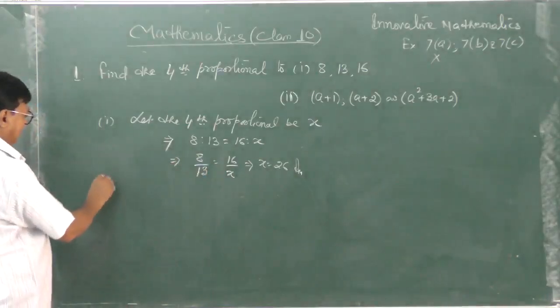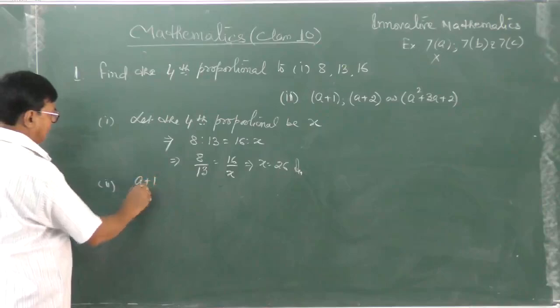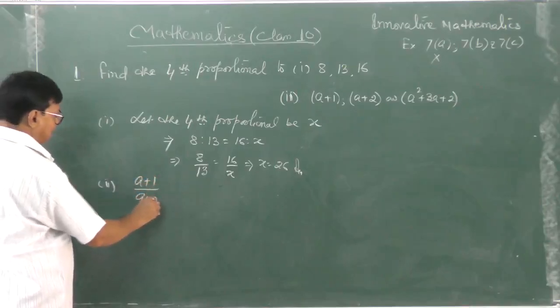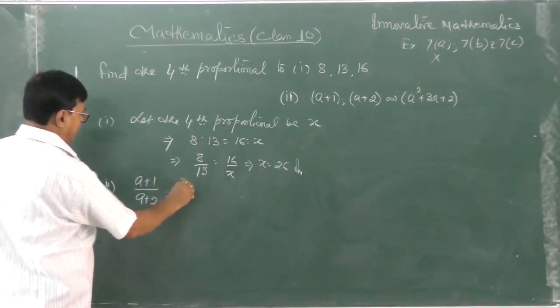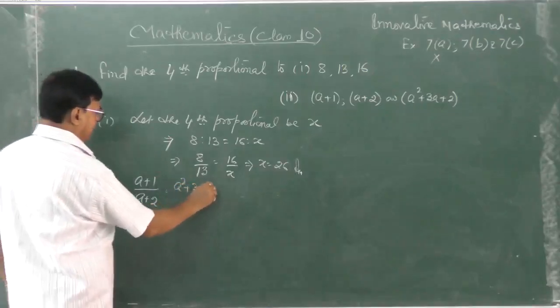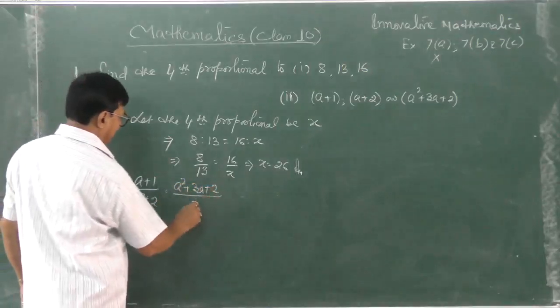Well, the second one here again, a plus 1 by a plus 2 will be a square plus 3a plus 2 by x.